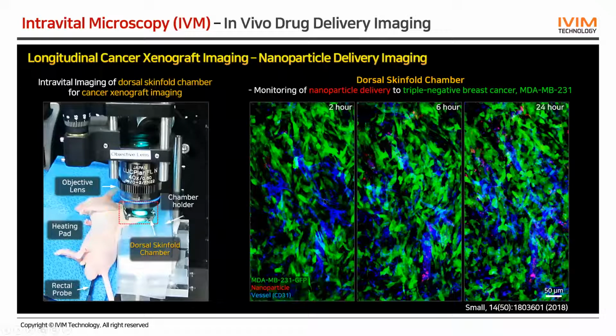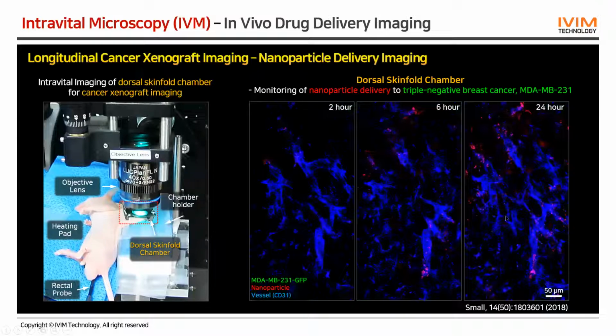At 2 hours, you can see a very small number of nanoparticles, but at 6 hours and 24 hours, the nanoparticles increased inside the blood vessel, and then they also get out from the blood vessel and are delivered to these green MDA-MB-231 breast cancer cells.